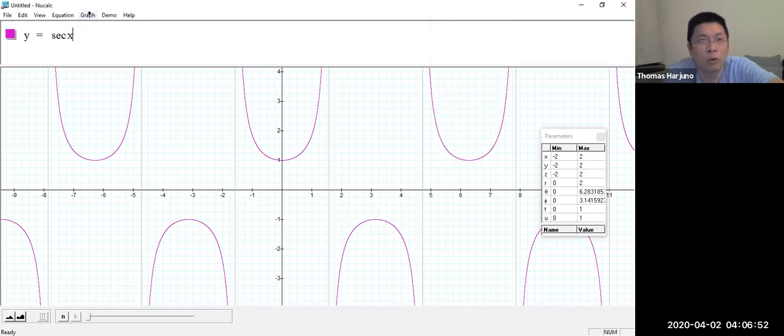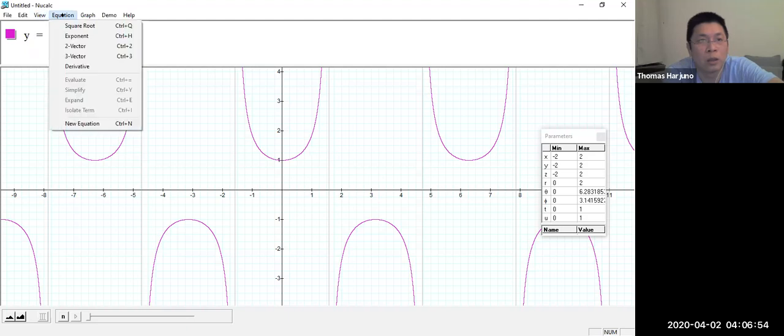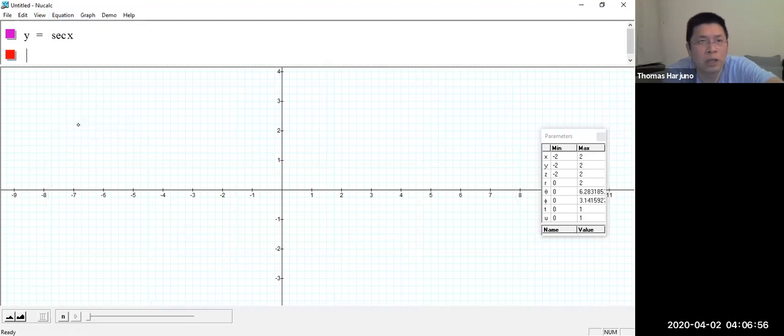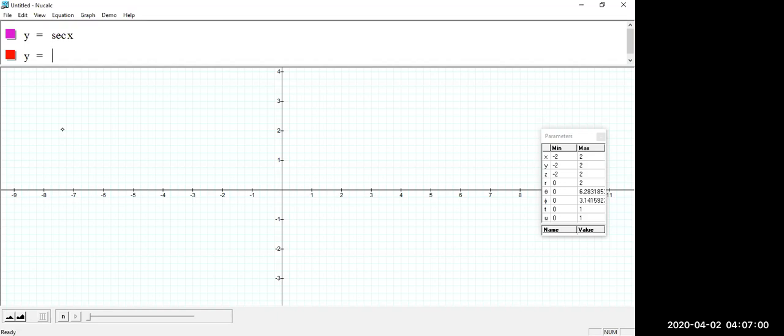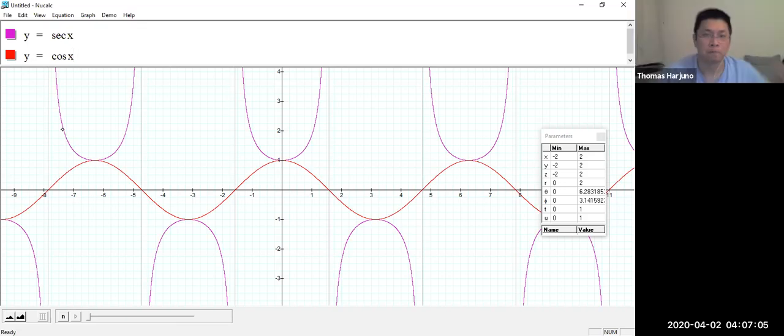Now, I want you to compare that with cosine, because secant x is the reciprocal of cosine. Now, let's take a look. Thomas, I see that, but I don't really see what's the relationship. Okay, that's fine, don't worry.